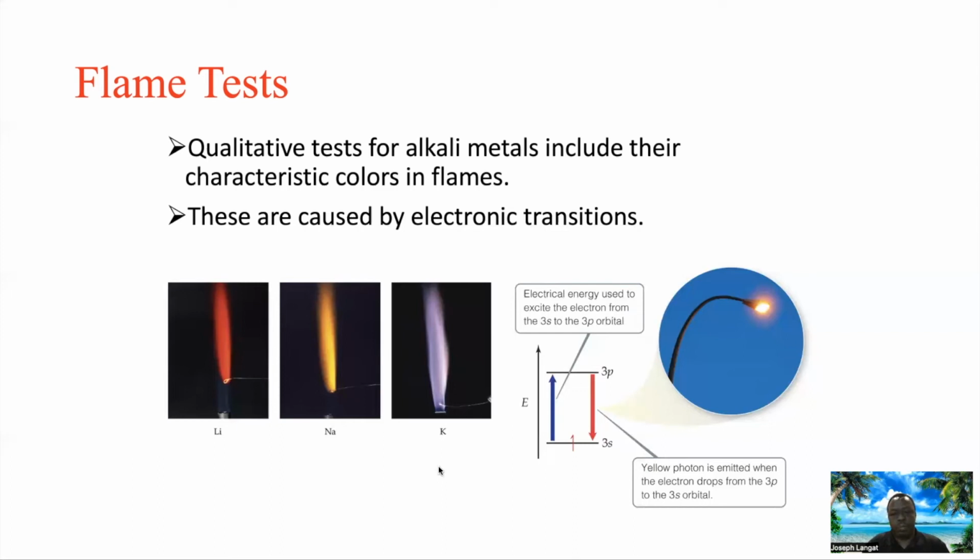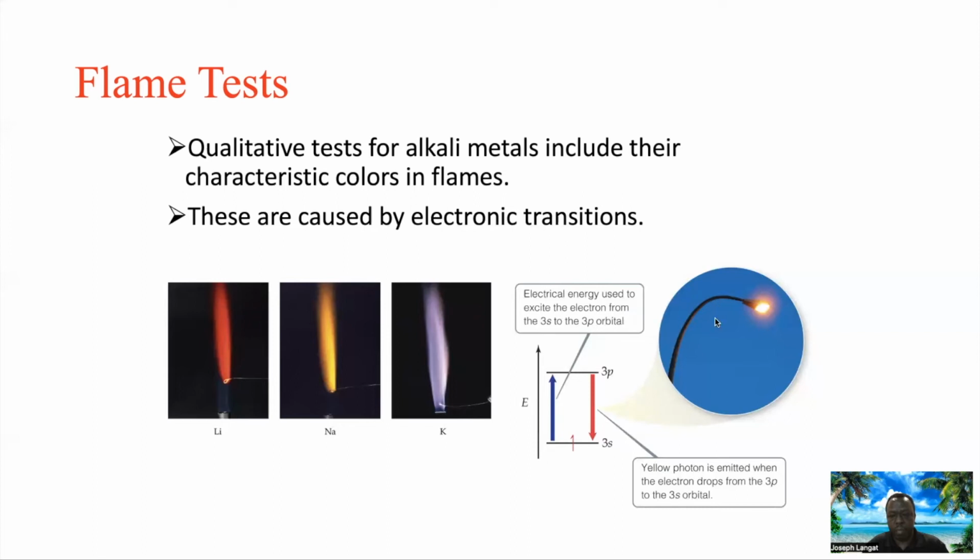They show the characteristic color of each, and this has to do with excitation and relaxation of electrons. From a high energy level to a lower energy level, we see different photons.